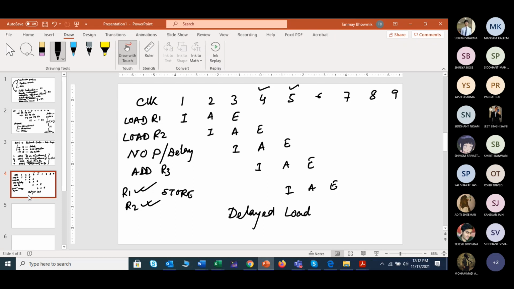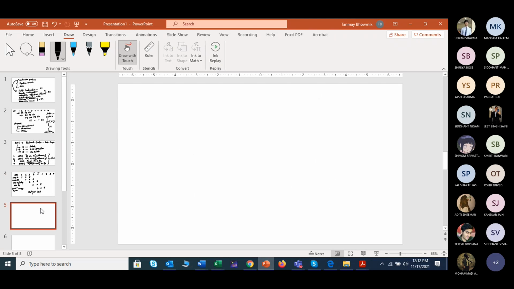Okay, so just check that the earlier example has been discussed, and now I write this type of thing: load from memory to R1. This is the first instruction. The second instruction is increment R2.